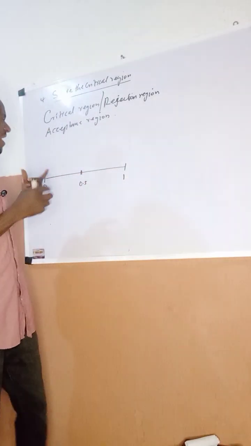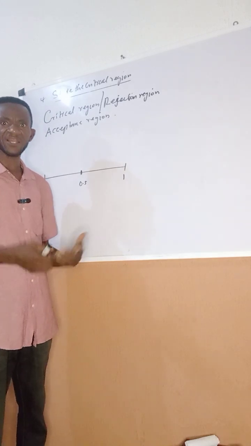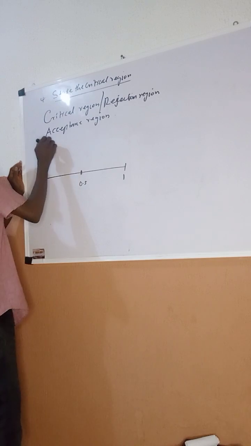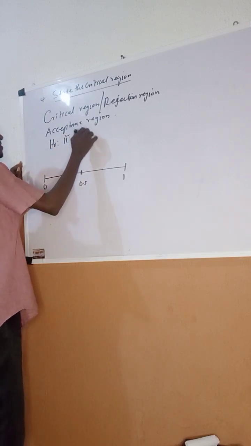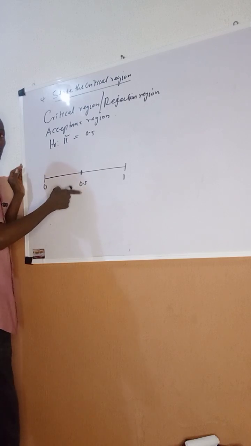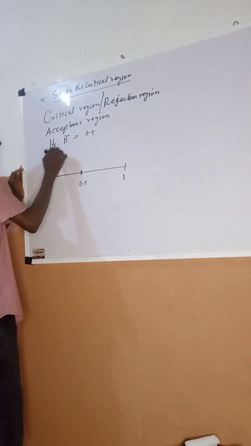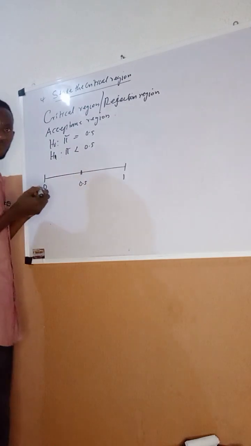Now, you are going to define what is called the critical region. And for instance, the hypothesis we are testing is H subscript 0, that pi equals 0.5, against the alternative H subscript 1, that pi is less than 0.5.